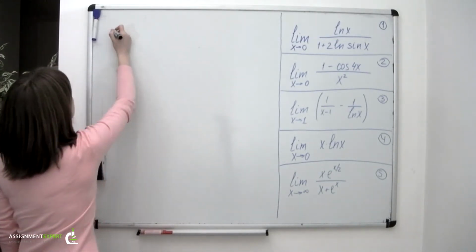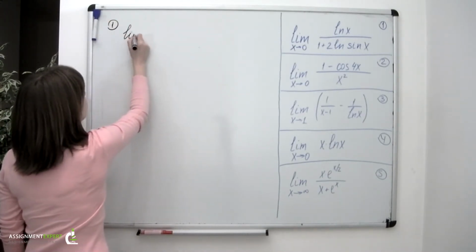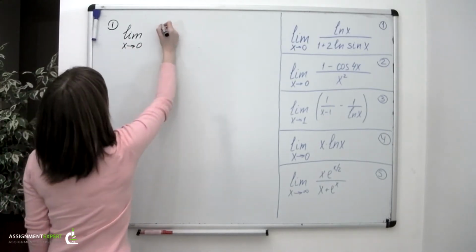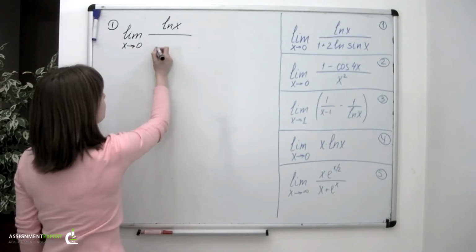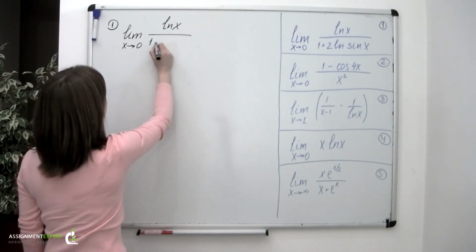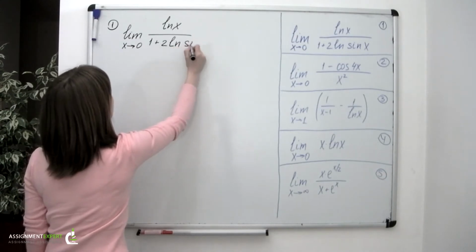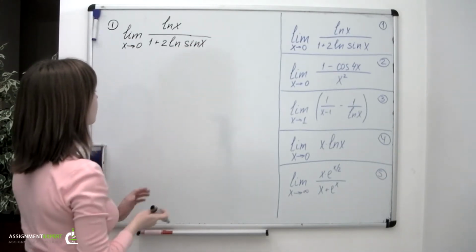So the first goes: the limit as x approaches 0 of ln of x over 1 plus 2 times ln of sine of x.